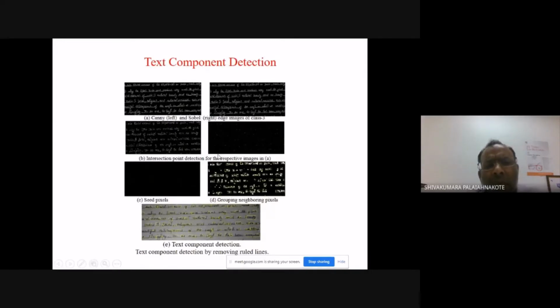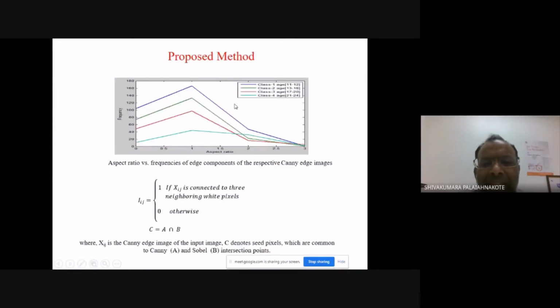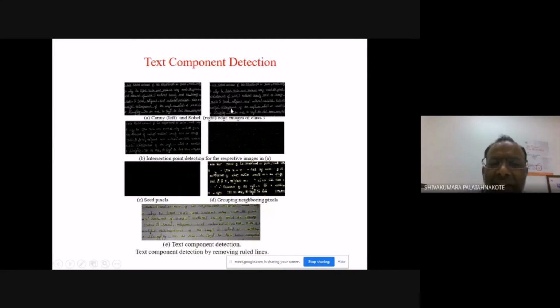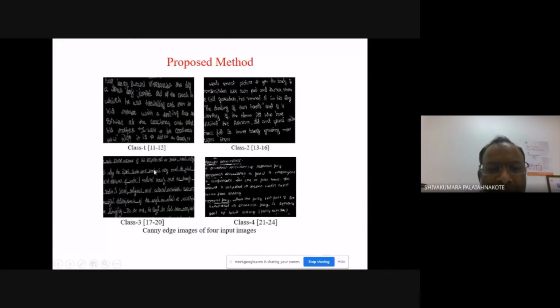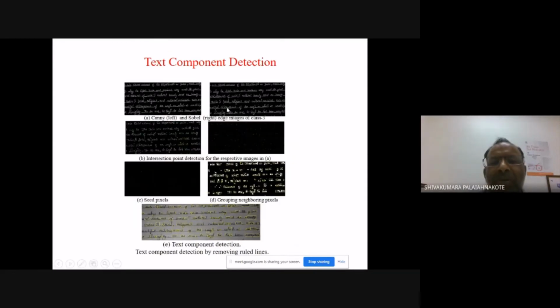Here, it's a very interesting idea. There will be some lines, so we need to remove these lines. How can we remove them? For that we propose a very simple step. This is Canny and this is Sobel. We just try to extract the intersection points, and those are the dominant points.